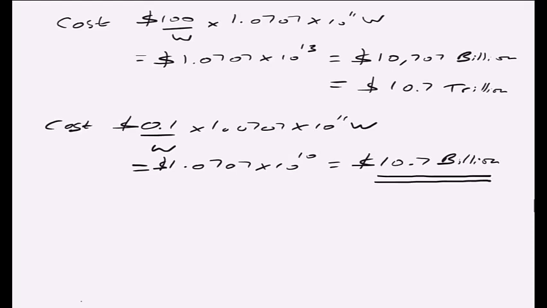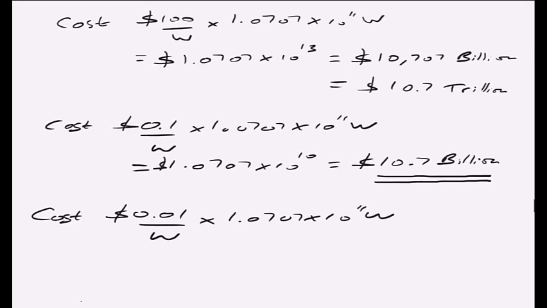Ultimately, in the long term, perhaps in 50 years or 100 years, if we could bring the cost of the laser down to something really cheap, like 1 cent per watt, then multiplying that again by our laser power, we would end up with 1.07 times 10 to the 9 dollars, which is around 1 billion.